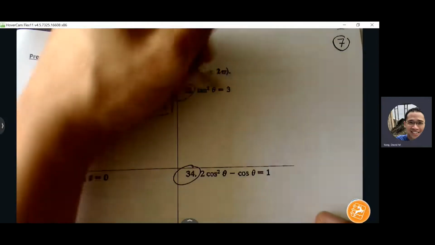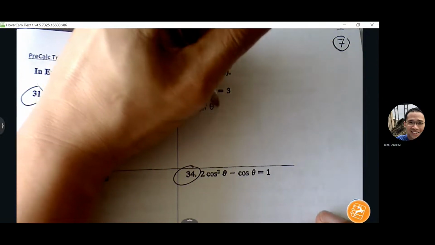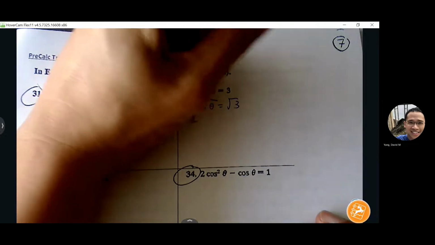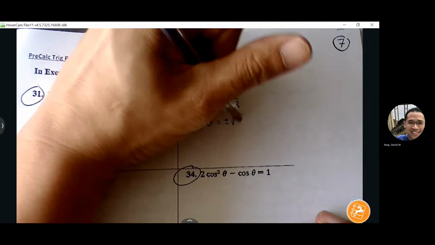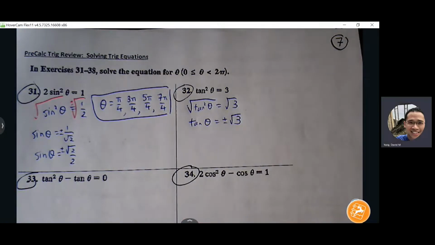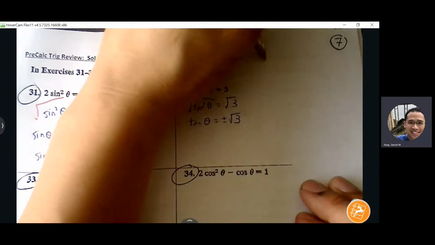Take the square root of both sides. Okay, think about your unit circle value.